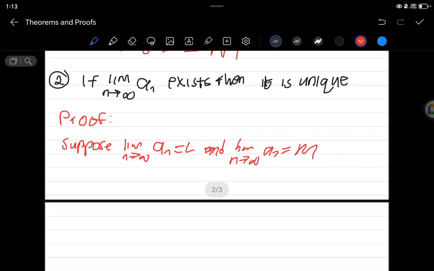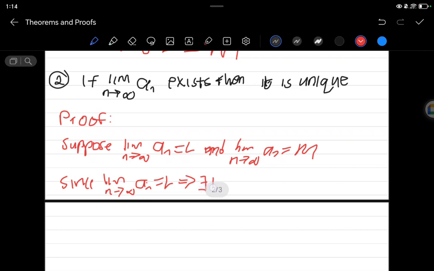Since it is like that, now I can take them one by one and show. Since the limit as n approaches infinity of a of n is equal to L, this would imply that it exists, and then I must write the definition to prove that this is true.